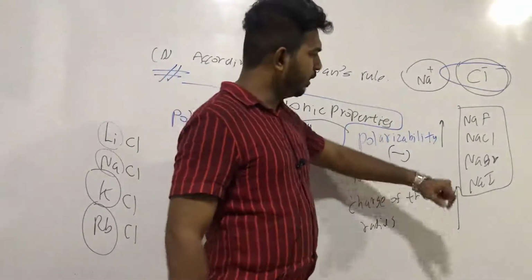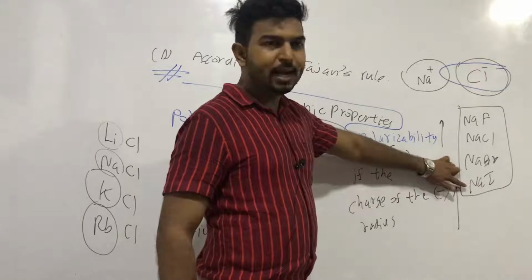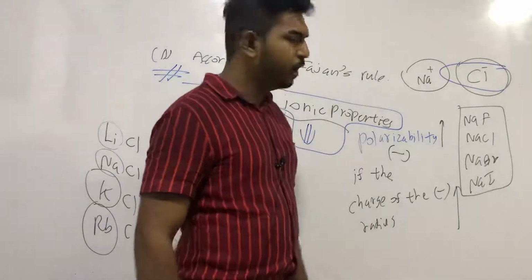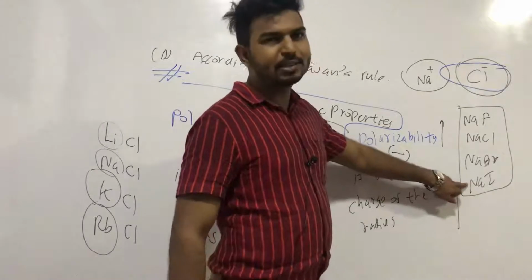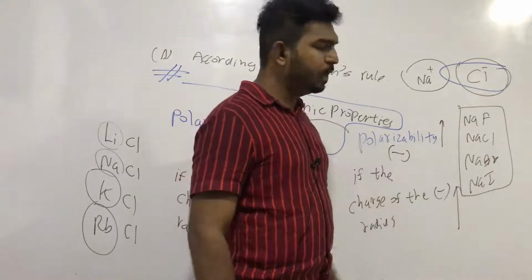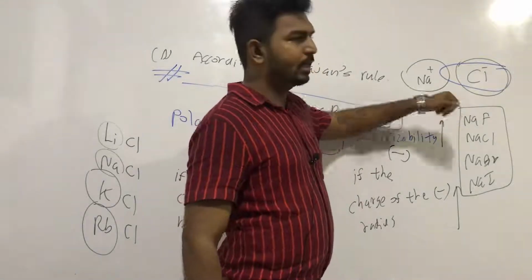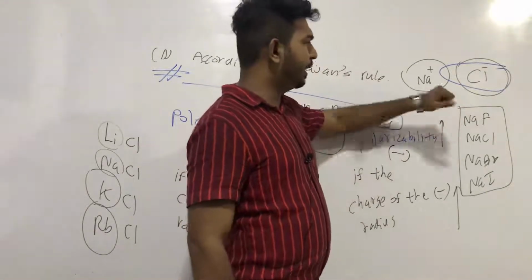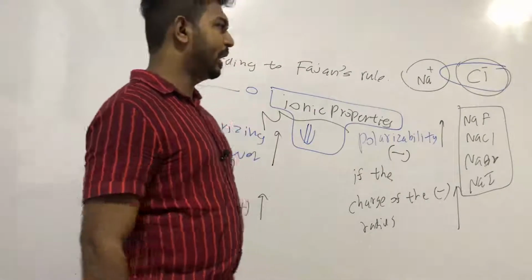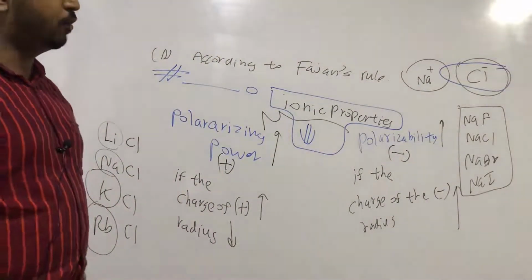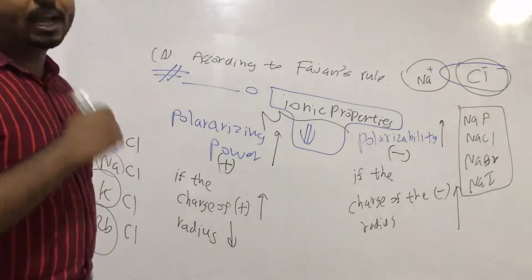So this one has the highest polarizability, so this has the lowest ionic properties. And this one has the highest ionic properties than anyone. Sodium fluoride has the highest ionic properties.